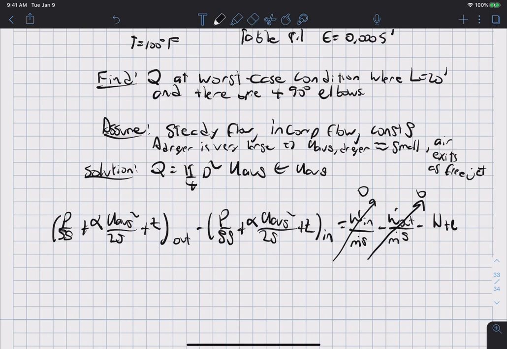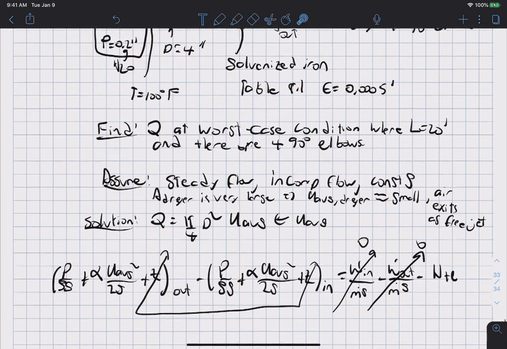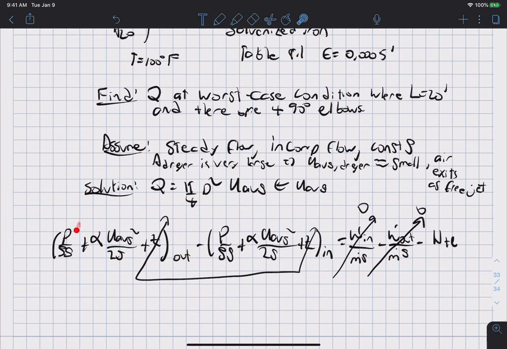And we can also cross off z. We're going to assume that the change of elevation is negligible. This is air, so you normally don't need to account for changes of elevation unless you're dealing with planetary length scales. At the outlet, which is the exit of the duct, the air exits as a free jet, so we're going to take P atm to be 0.